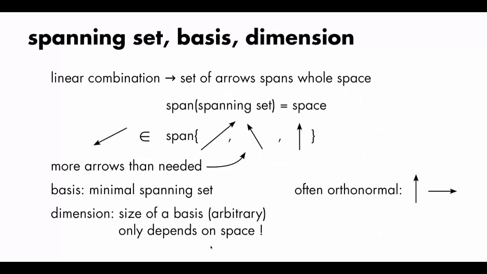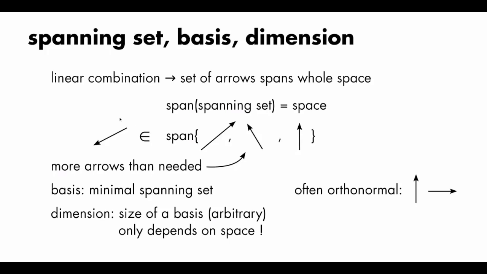So now it gets a bit math heavy, with abstract definitions and so on. All linear combinations of a set of arrows that we're starting with, taken together, we say span a whole space.